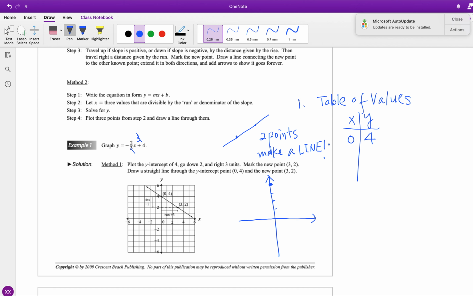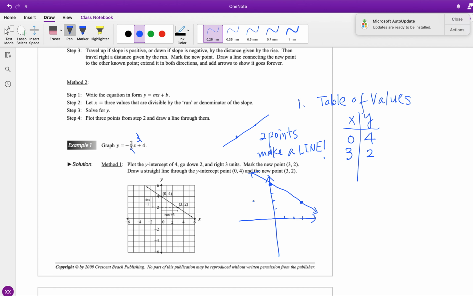Negative 2 plus 4 is 2. So my next point is 3 and 2. So 1, 2, 3. 3 and 2. So my next point is here. Well, I got 2 points, and I connect them. And this is my line.